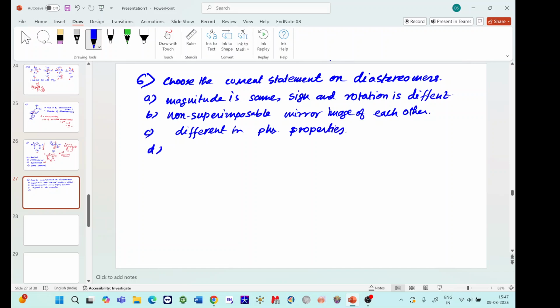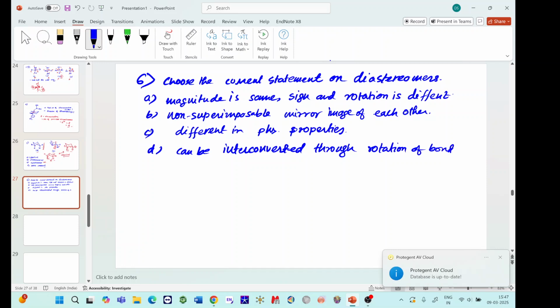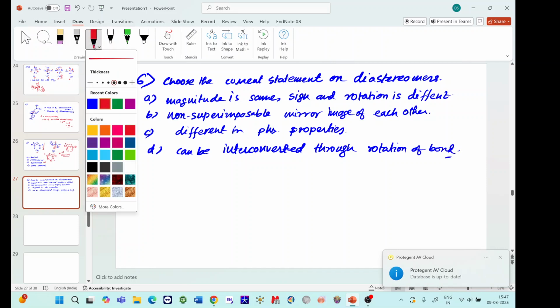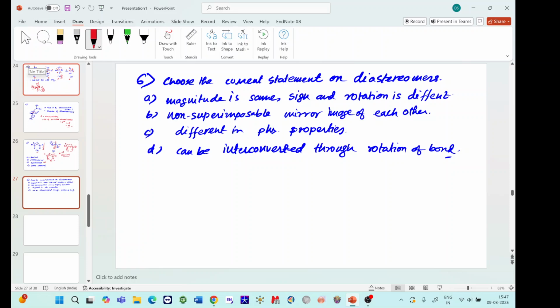And D: can be interconverted through rotation of bond. So there are 4 statements.